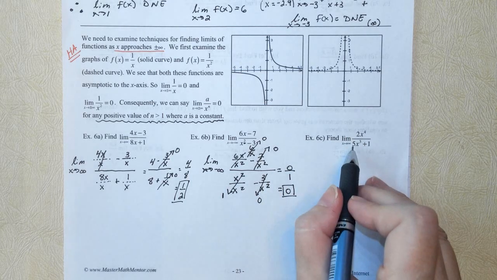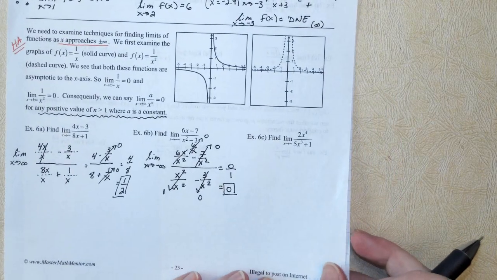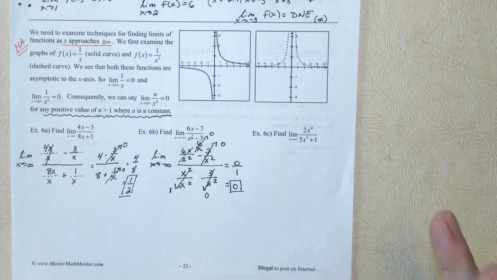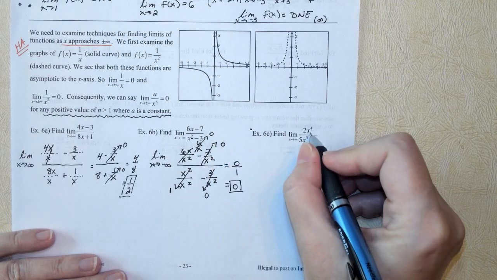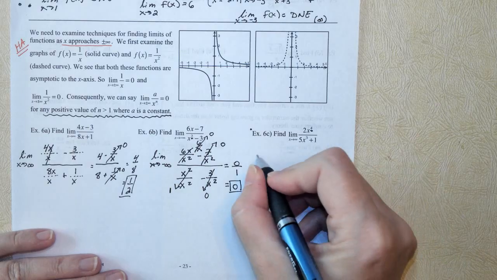Okay, last one. Pause the video a second, try it, and see if you end up agreeing with me. All right, coming back in here, this is our highest power.